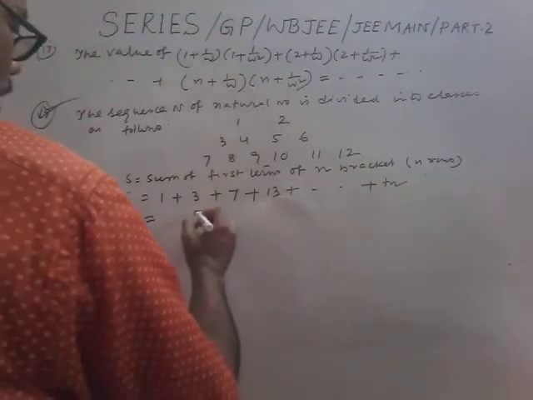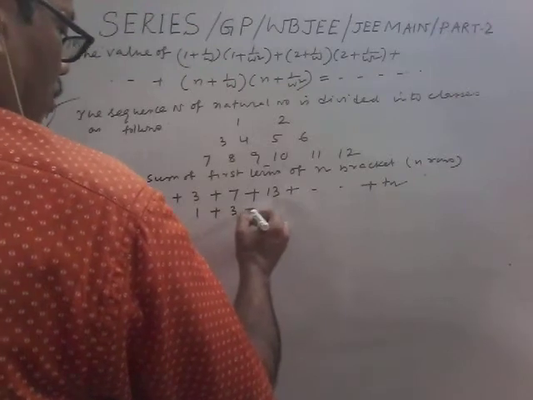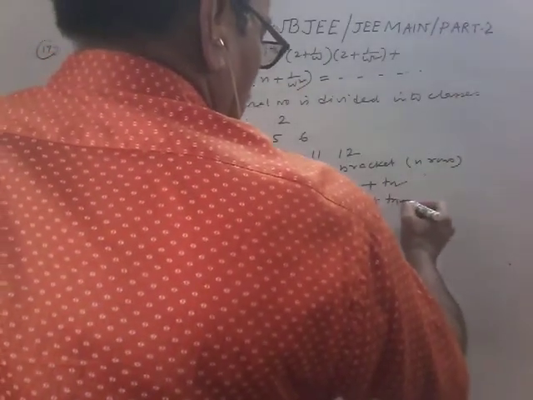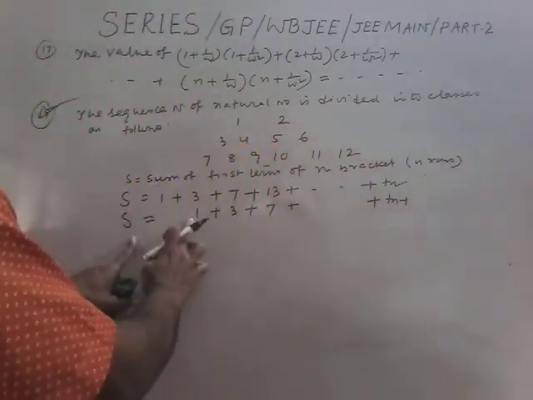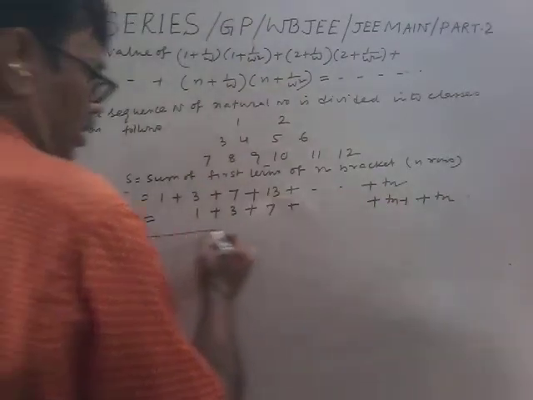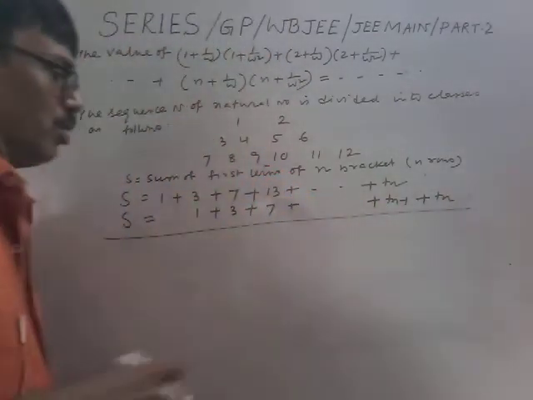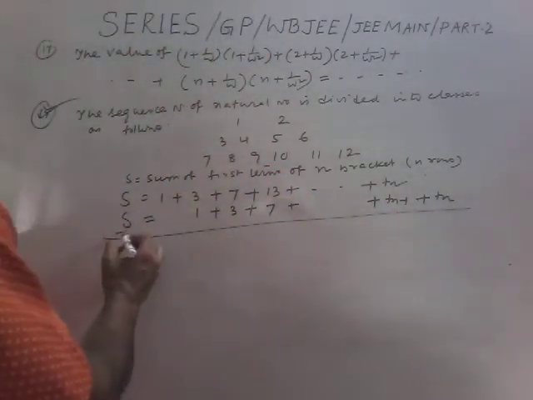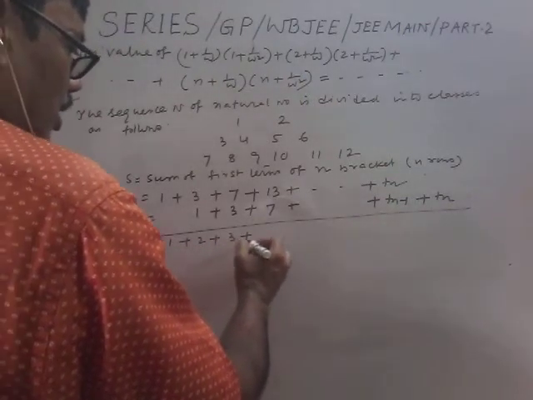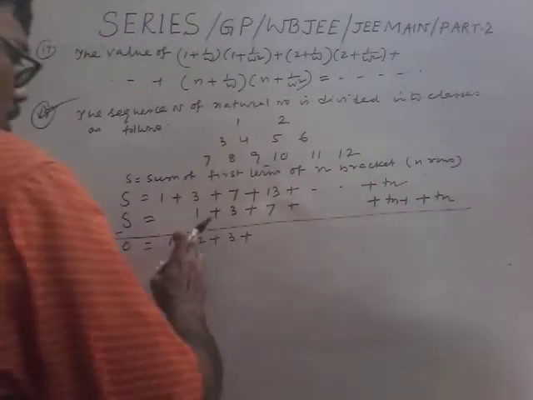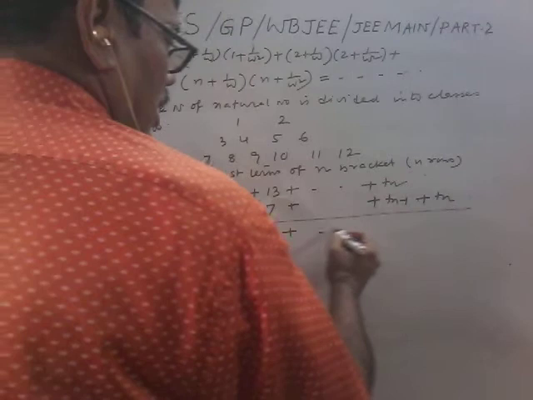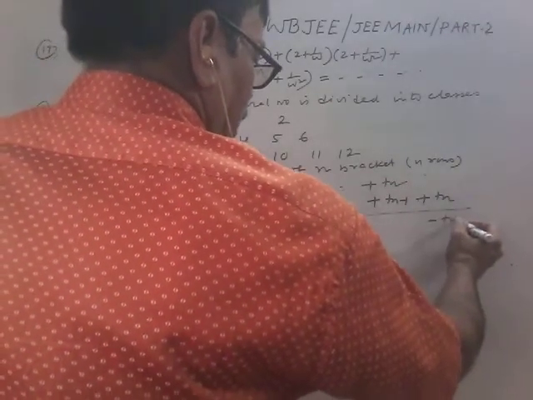we find Tn. Look, by the difference method, by writing S, leaving one term. So this is Tn. We want to find Tn. So if we subtract, this is 0, this is 1, 2, 3, 1, 2, this is 4, this is 6, and this is minus Tn.